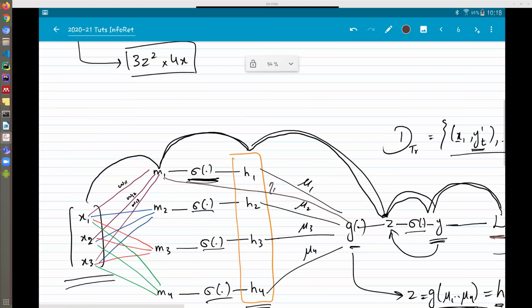Now we would have two paths. After reaching here, we would follow one path like that and another path like that, and then the summation of these paths gives us the gradient.